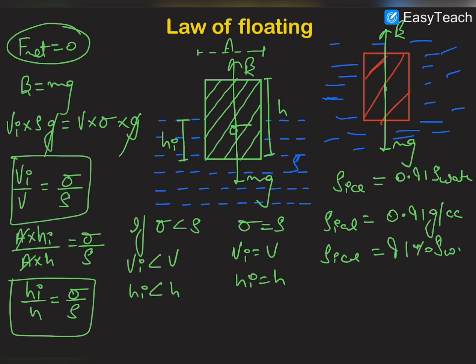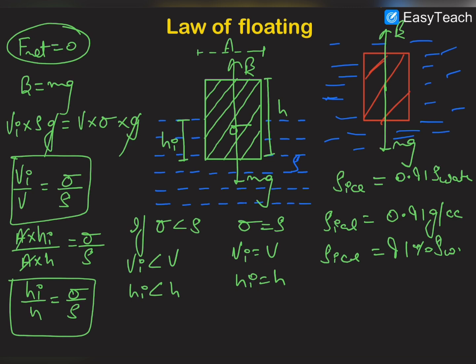This difference of 9% is due to the open cage structure of the ice, in which there are air pockets inside the ice due to hydrogen bonding, and due to that air presence inside the ice, the density of ice is 9% less than the density of water.